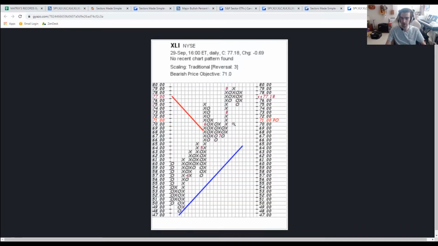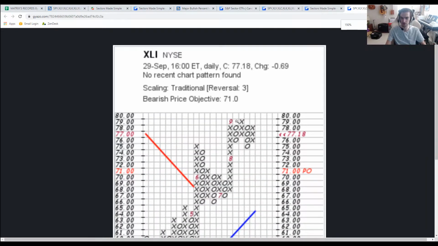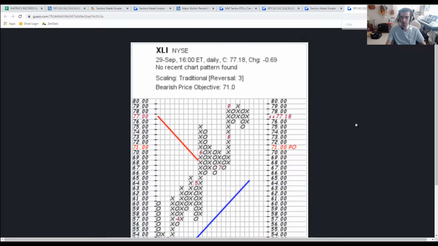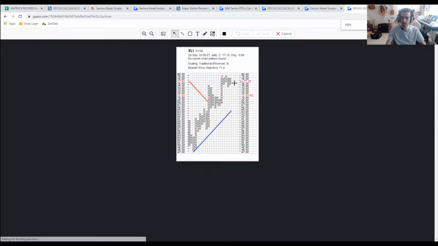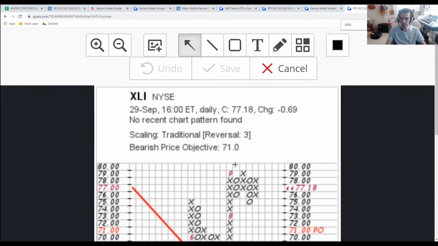You don't want to be buying when it's in a column of O's. You want to be buying when you go above the previous column of X's. So you'd want to buy when the price gets above $80, above this big black line. Until then, it's not a good time to buy.